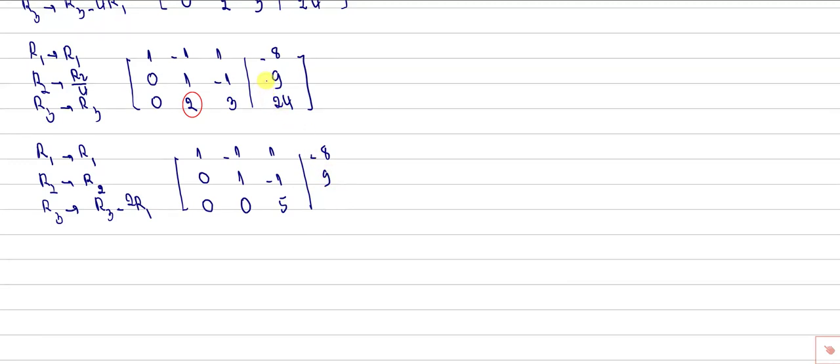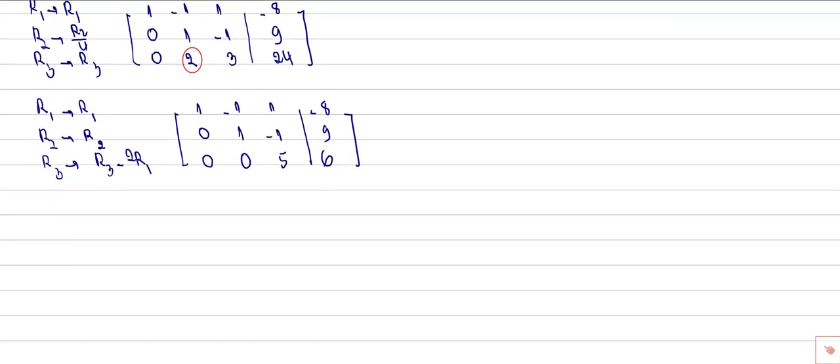And this one, 2 times 9 is 18. 24 minus 18 is 6. So this is the end of our elimination.